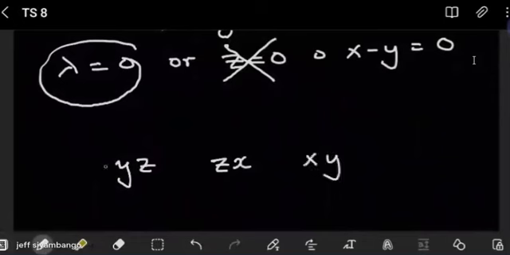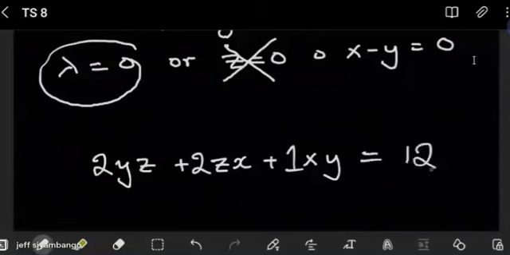And we know that if I just double this, add it to double this one as well, then add it to 1 time of this because the top is open, we should get 12. But if they are 0, I have 0 here, and this is 0, and this is 0, that is not equal to 12, implying that we can't have lambda being equal to 0, because it won't give us a total surface area of 12.